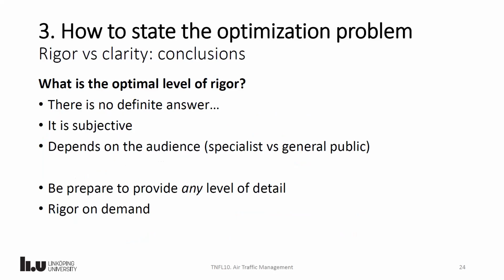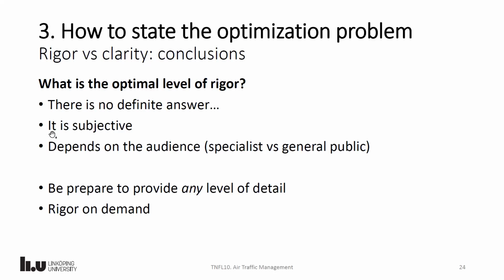So the conclusions for the rigor versus clarity debate could be that there is no definite answer in the level of rigor that you have to use. It's so subjective. You decide what the level of rigor is, or maybe your teacher will decide what the level of rigor is when you give in your assignments, or the reviewer for the journal.